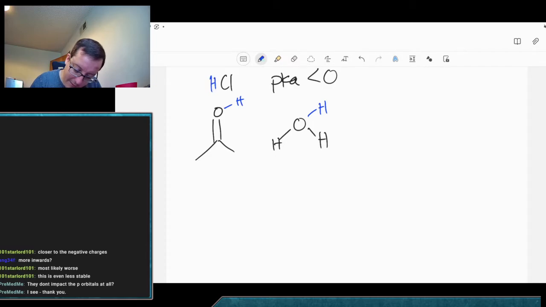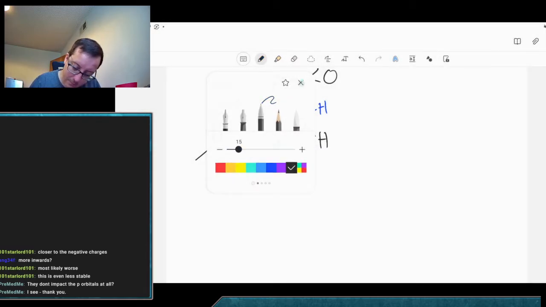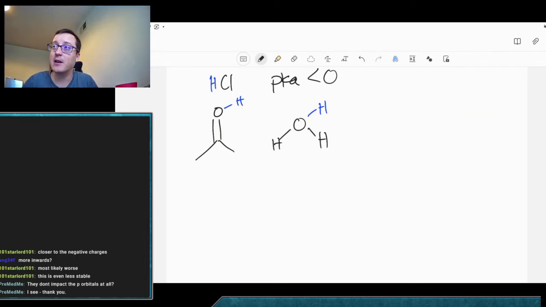When we're looking at these hydrogens, remember, mostly we're going to be talking about Bronsted-Lowry acids and bases. Those are going to be ones that are proton donors or proton acceptors, respectively. All three of these are going to have pKa's that are below 0.